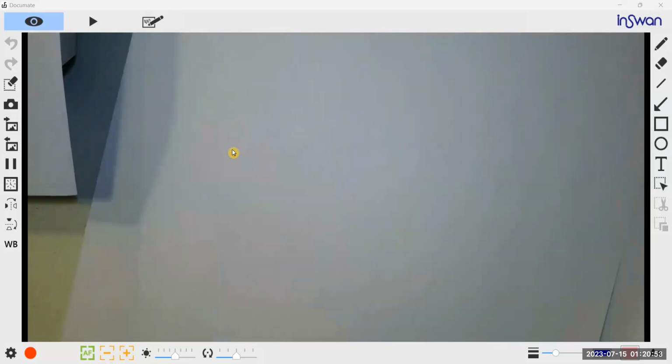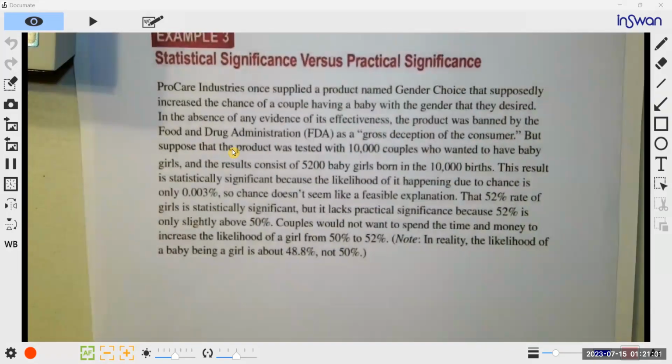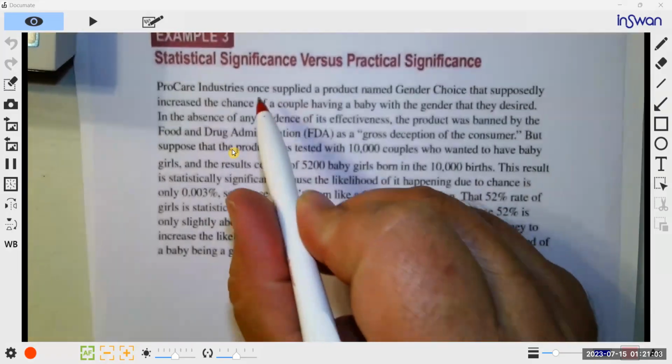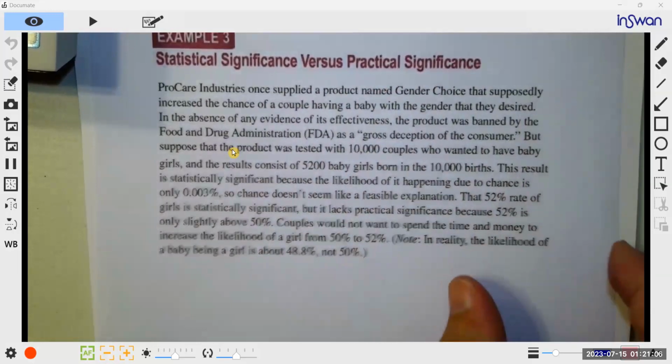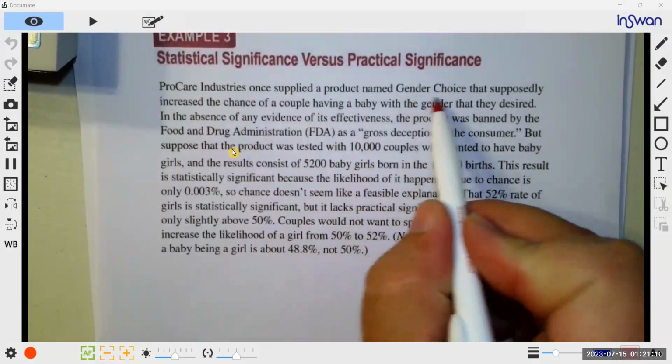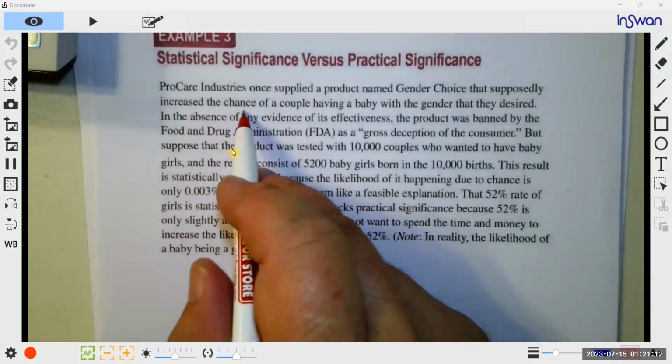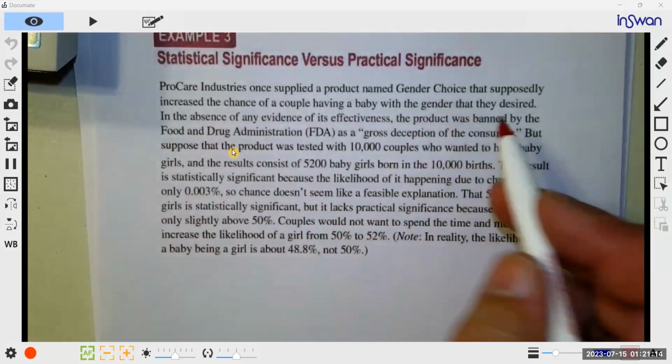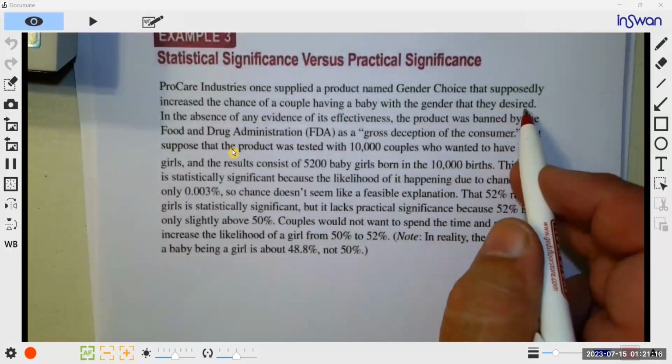All right, let's look at an example. Statistical significance versus practical significance. Pro-care industries once supplied a product named Gender Choice that supposedly increased the chance of a couple having a baby with the gender they desired.